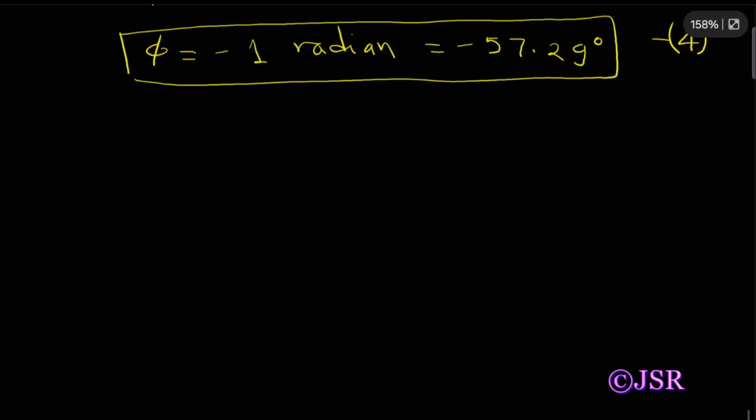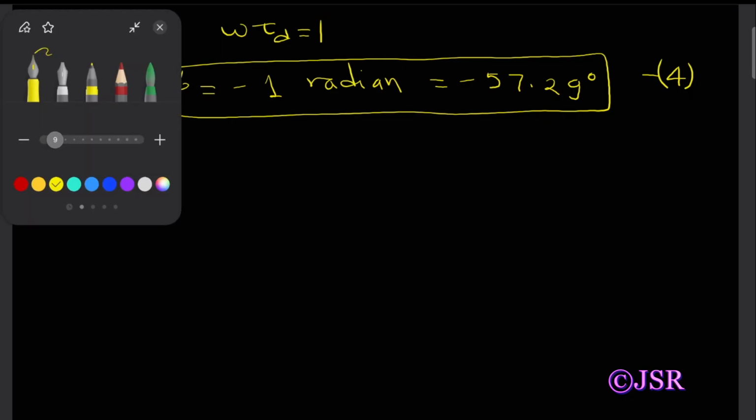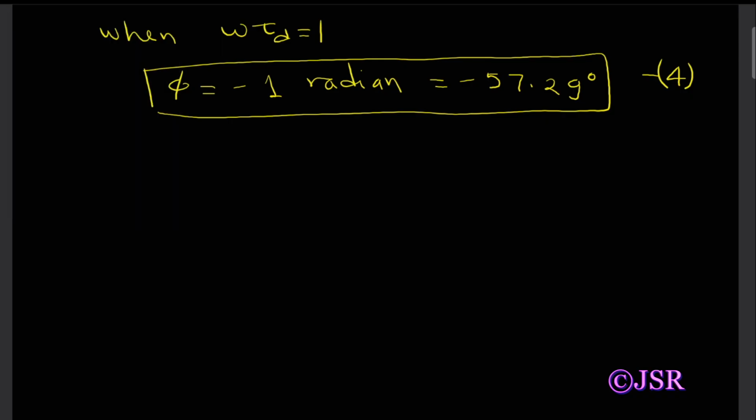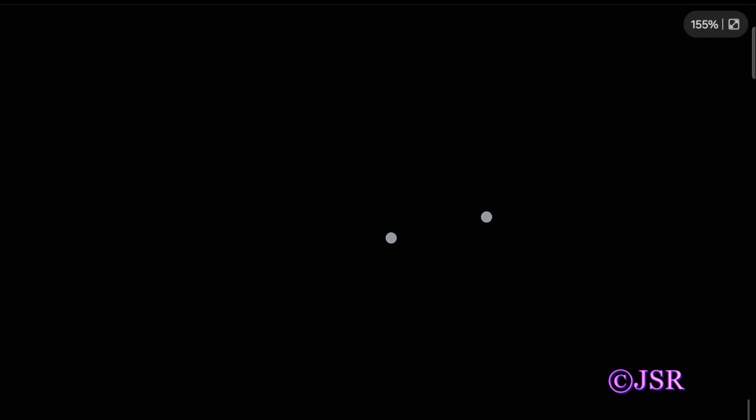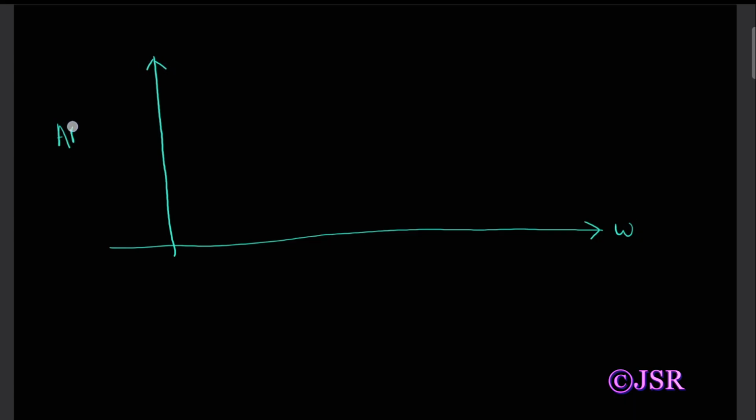So now we can draw the phase plot as well as the gain plot for this system. For the gain plot we will have omega on the x-axis and amplitude ratio on the y-axis, and let's say this is 1.